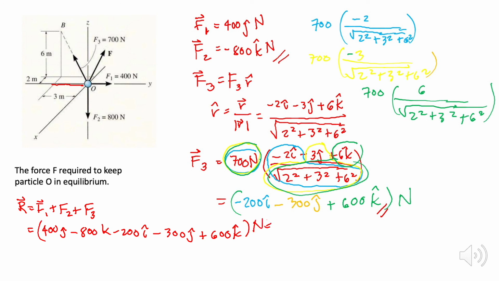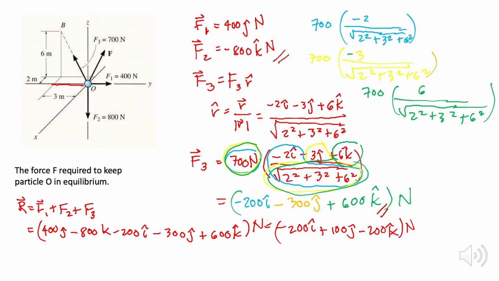Combining like components, that is equal to negative 200 i hat plus 100 j hat minus 200 k hat, and the unit is newtons.